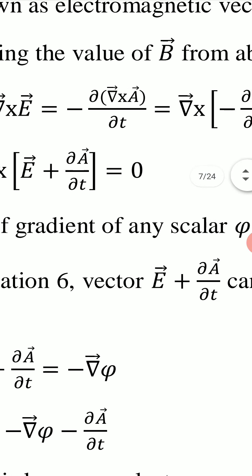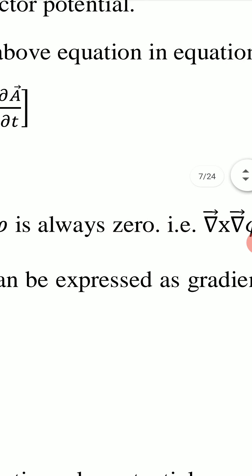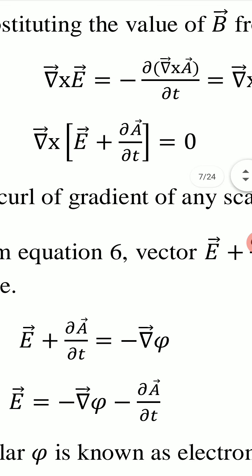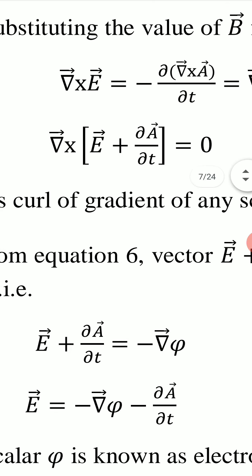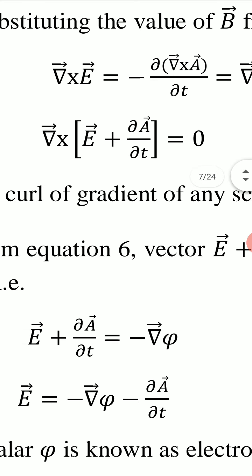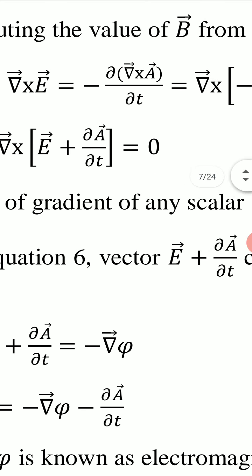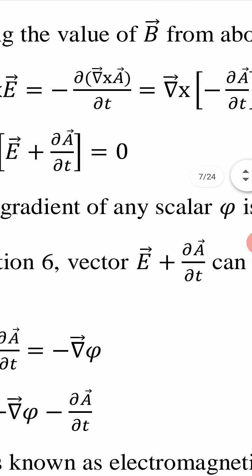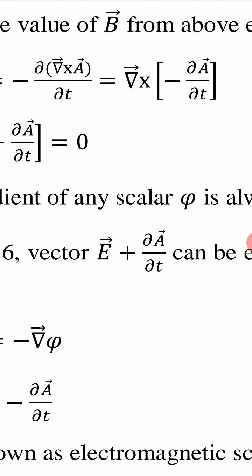Substituting the value of B vector from above equation in the third Maxwell's equation, we get del cross E equal to minus ∂B upon ∂t, and substitute B equal to del cross A. So this Maxwell equation reduces to del cross E equal to minus ∂ upon ∂t del cross A, which is equal to del cross of minus ∂A upon ∂t.